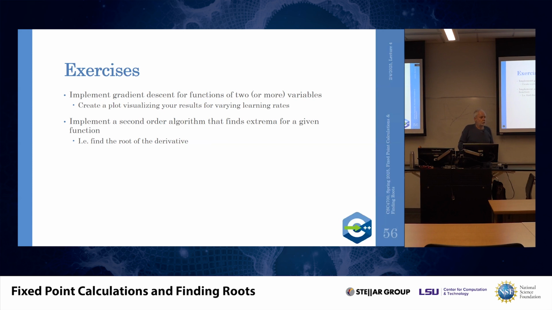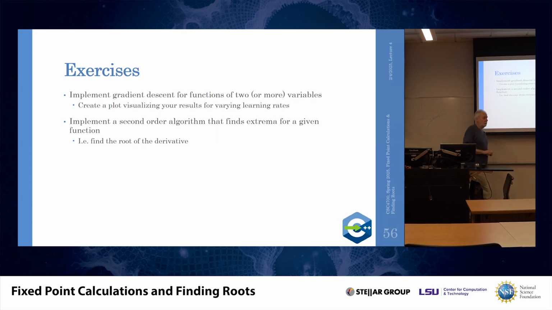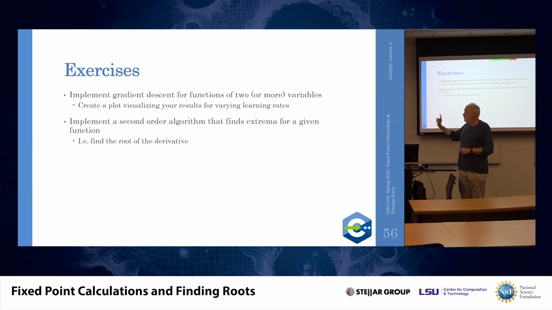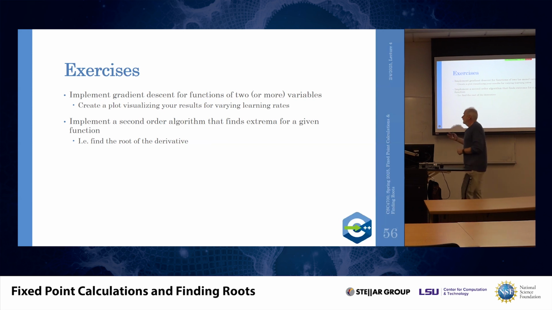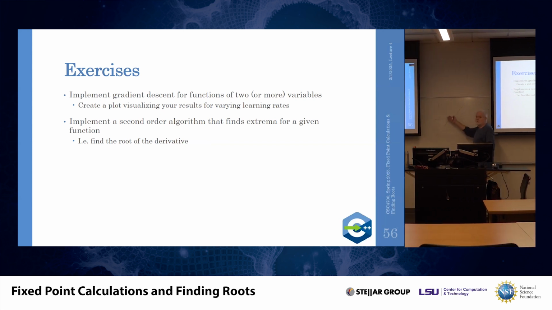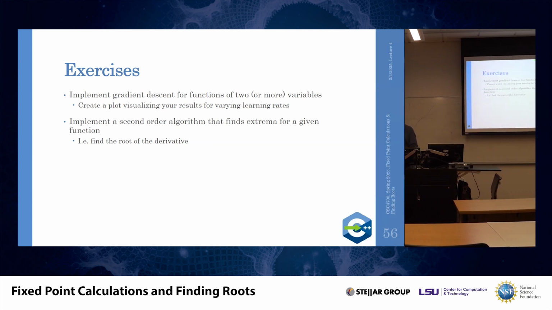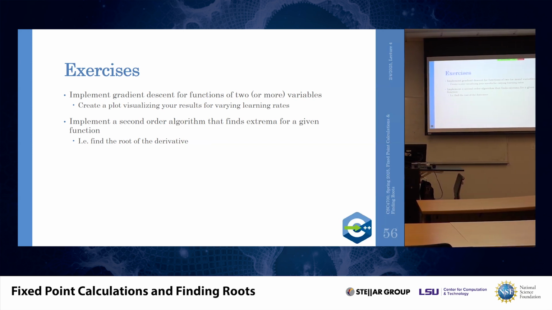So my message to you is, if you want to become a billionaire very quickly, apply the techniques we talked about today and develop second-order optimization algorithms and apply them to machine learning. And you will save energy by a factor of at least 1,000.